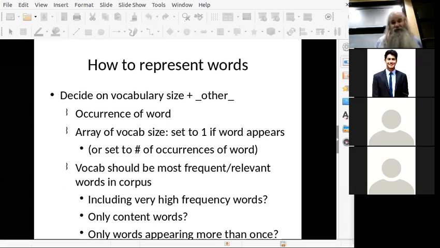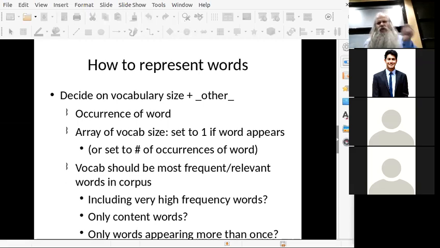In fact, it might even make the results a little bit more stable. You can also just represent all the words that appear more than once, but remember, unique words might give you a lot of information, or maybe you want to know the number of words that appear once and only once. So there are some choices there that you can make.